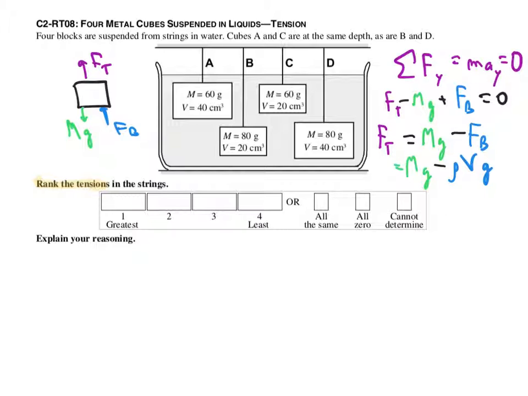So we can go a little bit further, and we can say that the tension force has to be, and we can pull out the g, which is unimportant, and I'm left with the mass of the block minus the density of water times the volume.